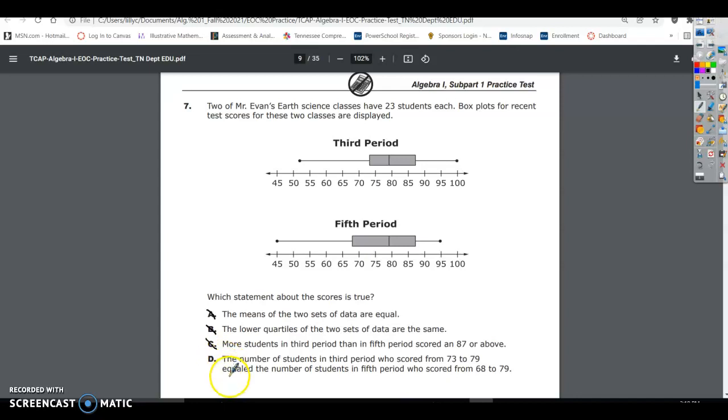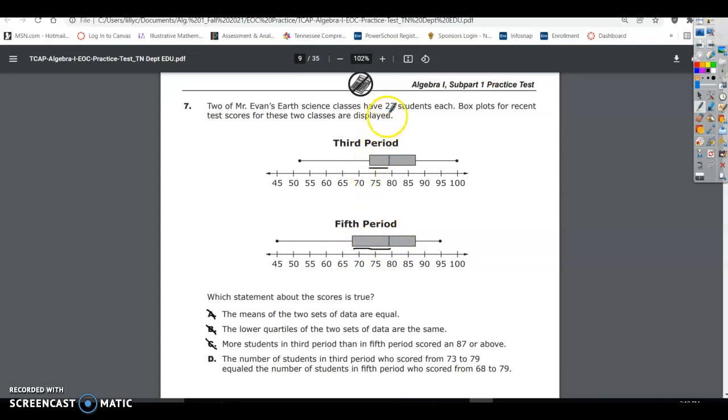And the last one says the number of students in 3rd period who scored from 73 to 79 equals the number of students in 5th period who scored 68 to 79. All right, so this right here is our Q1 up to Q2, which is our median, and this is Q1 up to Q2, which is our median.